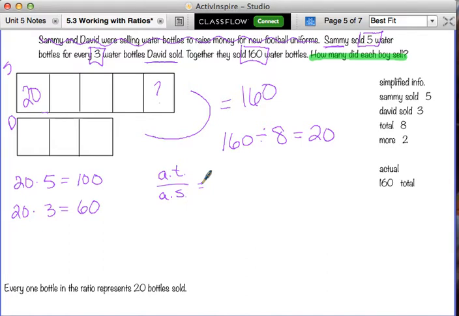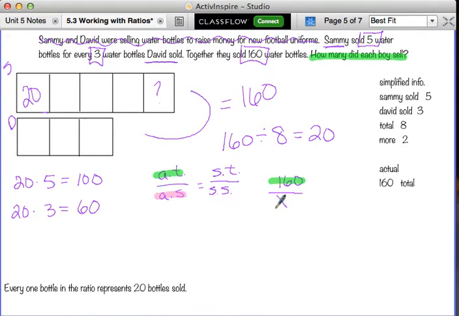So the actual total is going to be set up across from the simplified total, and the actual amount that Sammy sold is going to be set across from the simplified amount that Sammy sold. So let's replace our numbers. In this case, I know that the actual total was 160. And then the actual amount that Sammy sold, we don't know.